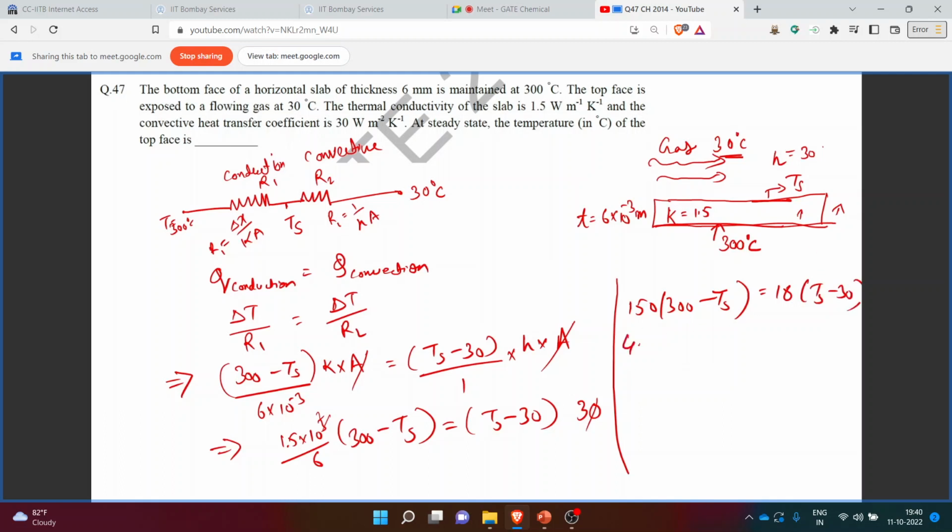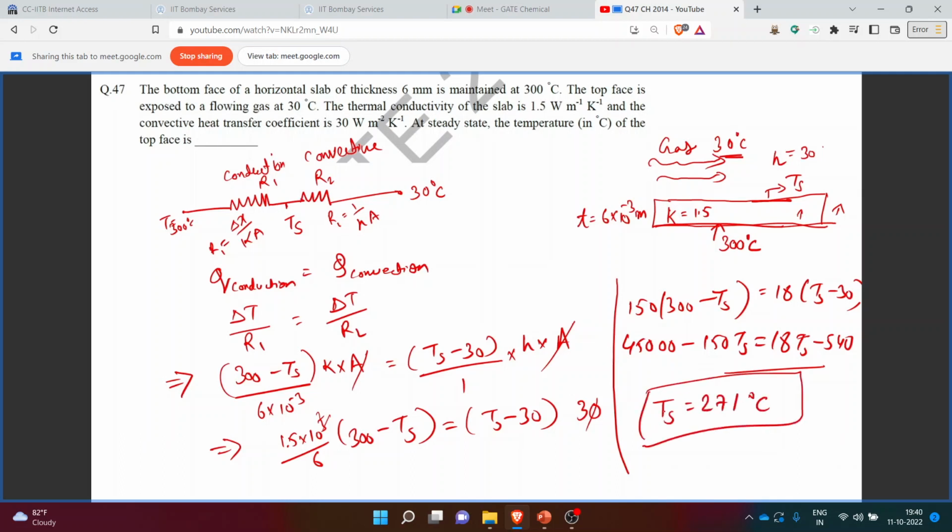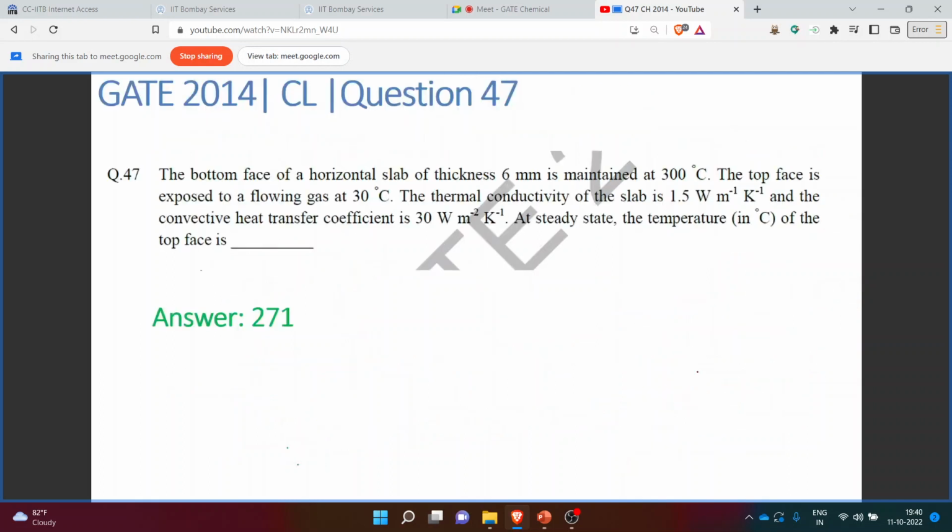So this will become 45,000 minus 150 Ts is equal to 18 Ts minus 540. You can solve this equation and you will get the temperature of the surface as 271 degrees Celsius. So we will report our final answer as 271 degrees Celsius.